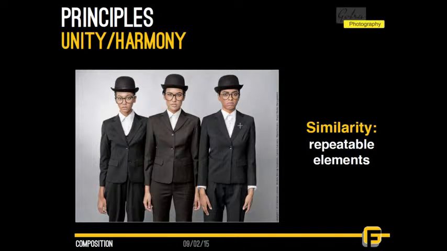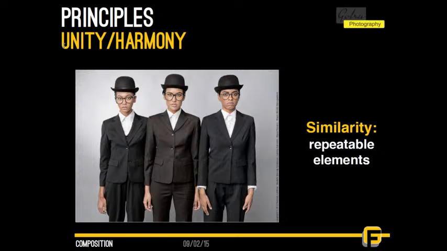They are not exactly the same, they look the same, but at the same time have a little difference. They are all wearing the same thing, a suit, but not the same color suit. They are wearing glasses, but the size of the glasses is not the same. They are wearing hats, but they are not the same person. So there is something similar, but also something different. This is what unity and harmony are doing.